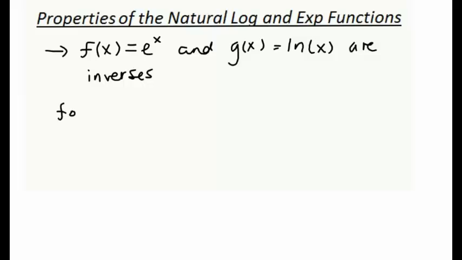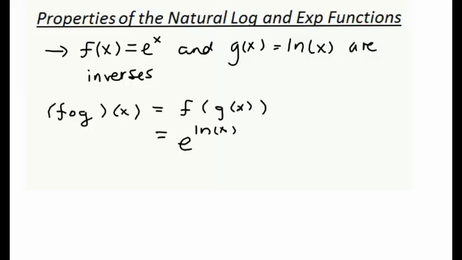This means if we go and take the composition of f composed with g, well, this means everywhere we see x in the function f, we're going to substitute in ln of x. So this means we get e to the ln of x, and since these two functions are inverses of each other, the composition should give us x.